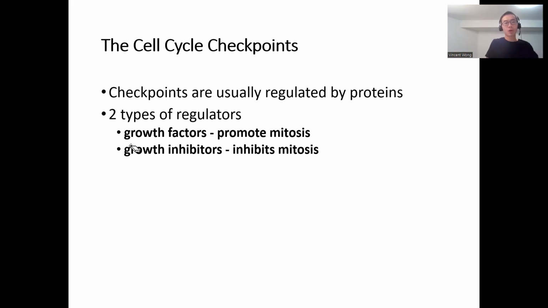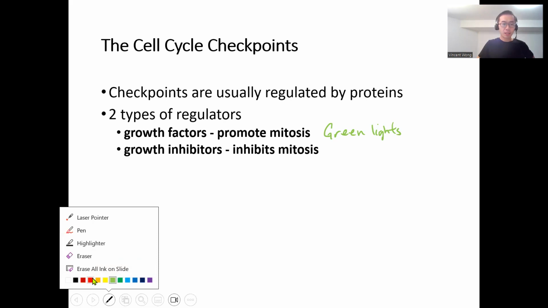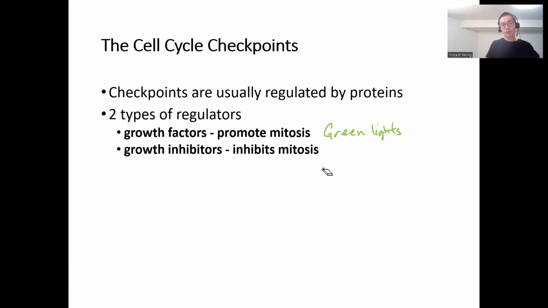We have what's called growth factors, which promote mitosis. So you can think of these as green lights. It allows the cell to divide. It turns the cell cycle. On the other hand, we have the growth inhibitors.